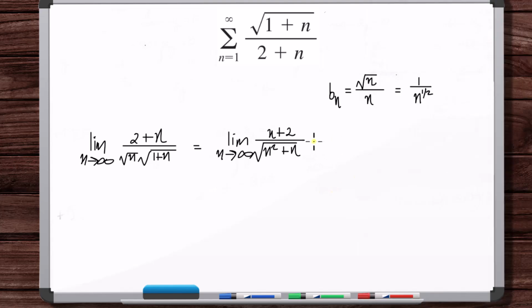So this limit, which is greater than 0, means that a sub n and b sub n either both converge or both diverge. Well, we know b sub n diverges, so that means this is divergent.